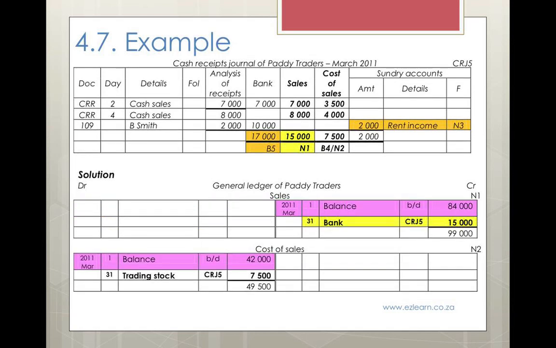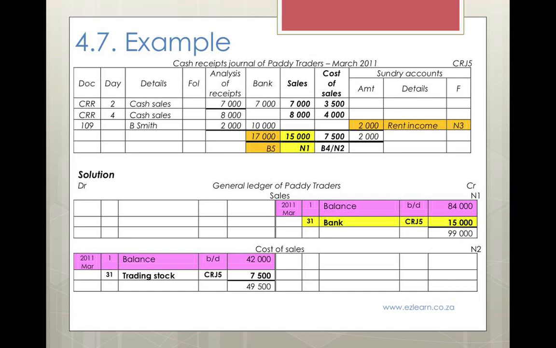The sales column will be posted to the credit side of the sales account. As described earlier, your bank is the contra account and you will enter it as CRJ5, 15,000 Rand, as that is the total of the column. Notice, by the way, that as we are entering each of these amounts in the journal, you are also making a note of the folio references.